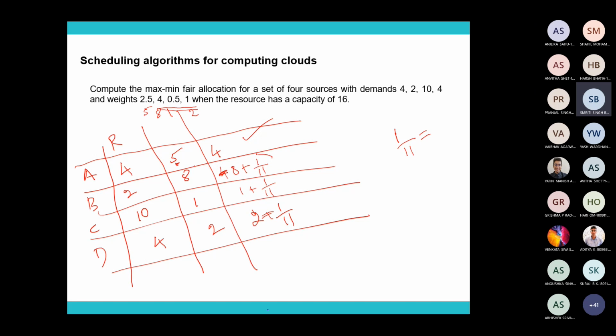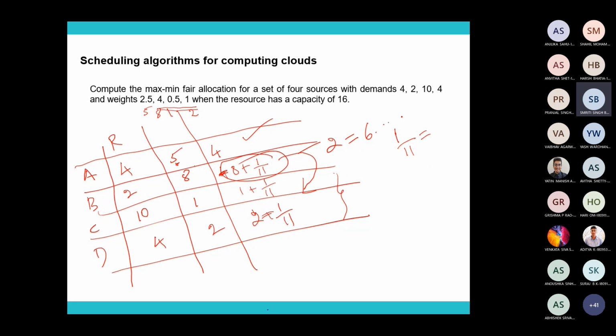Next, in the second iteration, now you see here, whatever they are getting is more than what they have requested, which is 2. And this once again you distribute among these 2 users. Okay, so whatever the extra, this total minus 2, you will get 6 point something, and that 6 point something you distribute among these 2 according to the weight.